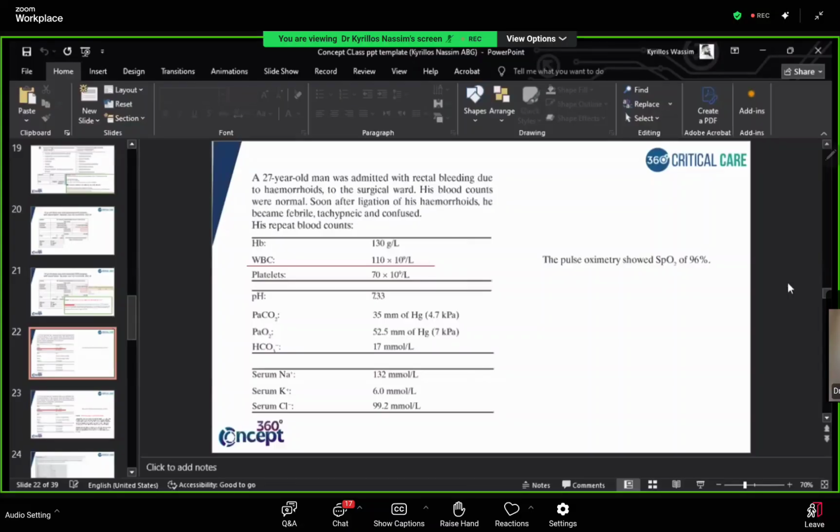The CBC shows that the white blood cells, marked with a red arrow, are 110, and the pH is low. The PaO2 is 52 millimeters, and the electrolytes show, with the pulse oximetry, that the SpO2 is 96.